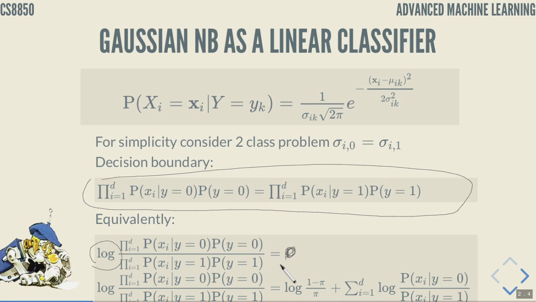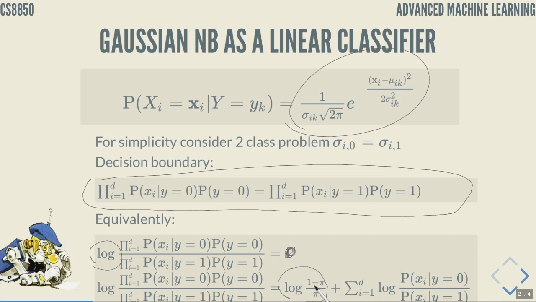But now let's take our Gaussian distributions for the likelihood and our Bernoulli distributions for the priors and plug them into this log ratio that encodes our decision boundary. Immediately the priors fall out.